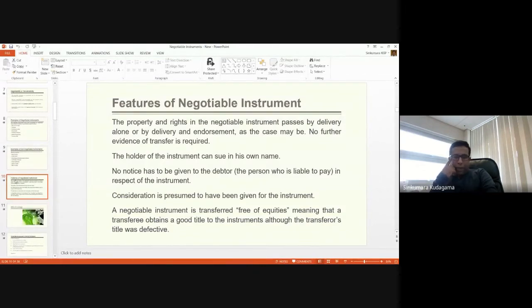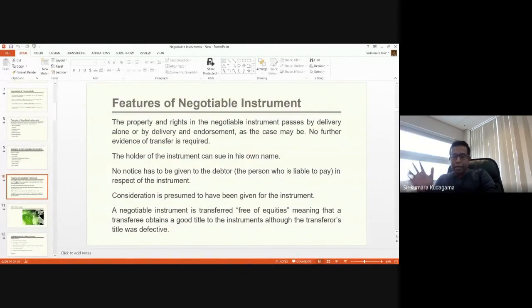The property and rights, the ownership of a negotiable instrument passes by delivery alone or by delivery and endorsement, as the case may be. That is, whether it's a bearer bond or otherwise, it would depend on that, which we'll discuss later. No further evidence of transfer is required. The holder of the instrument can sue in his own name. That is, the holder is entitled to do so.